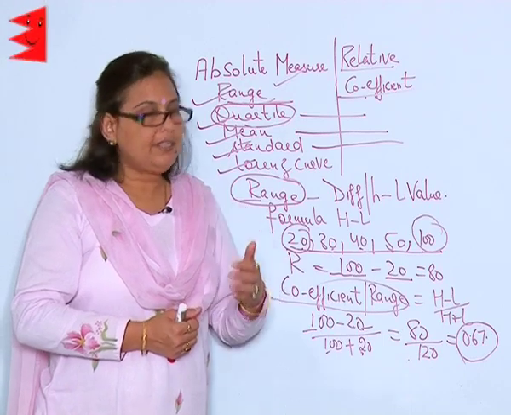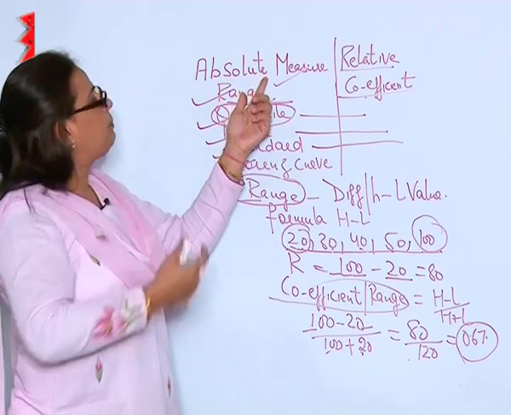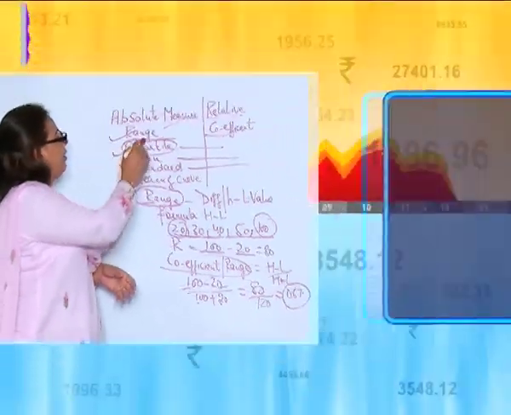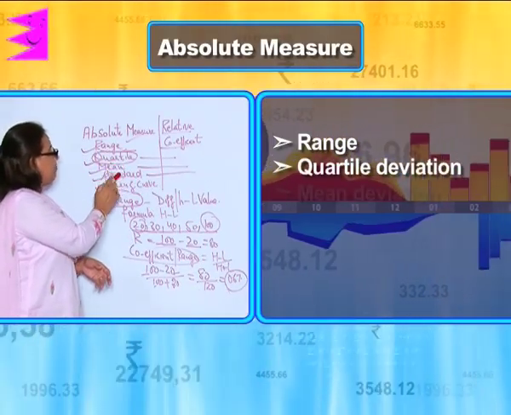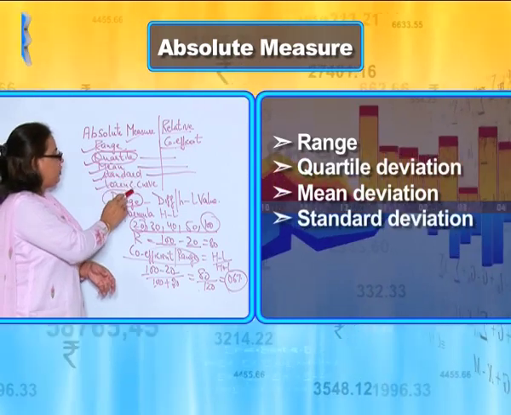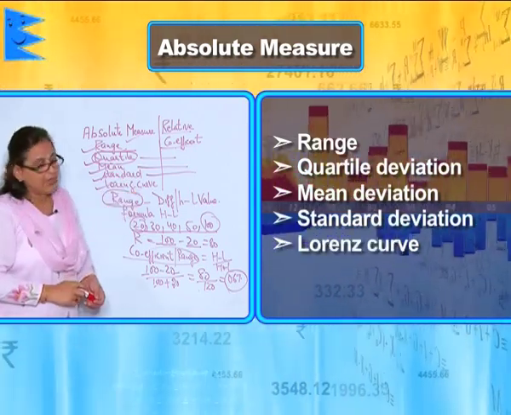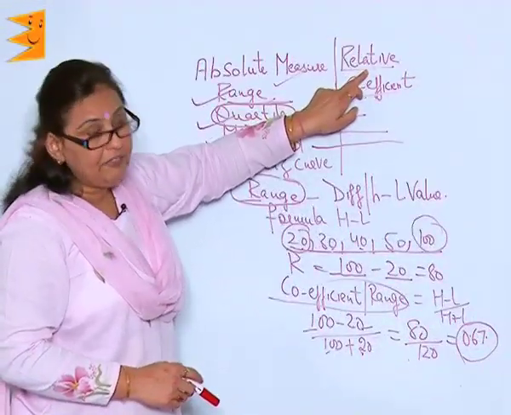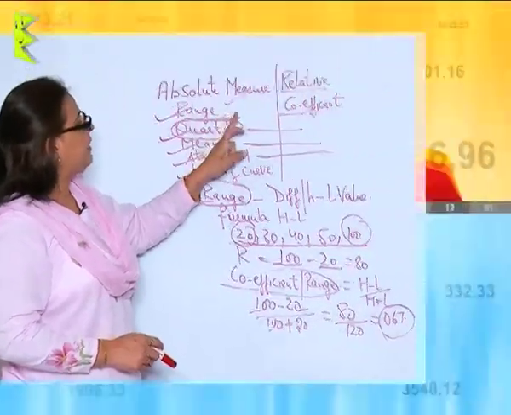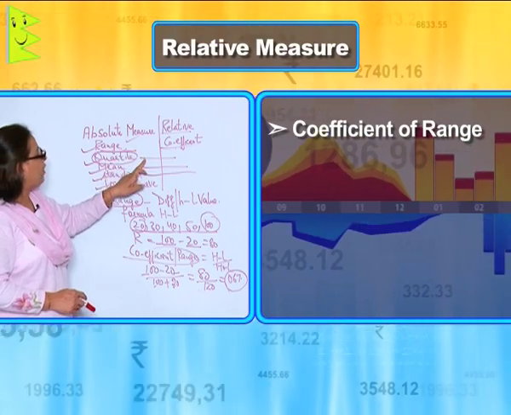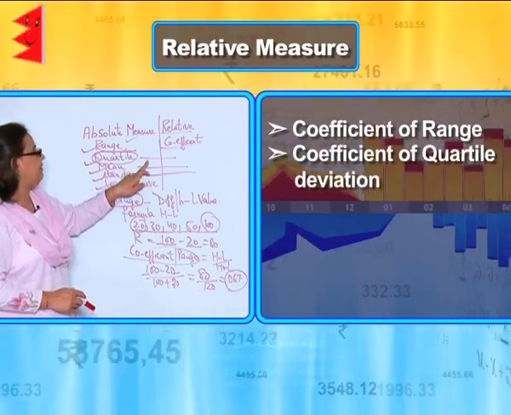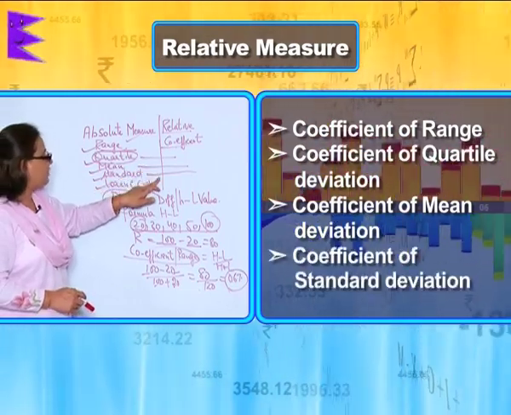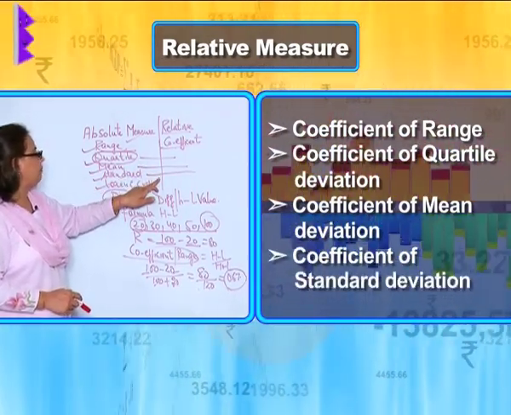As far as the methods of the absolute measure of dispersion are concerned, they are range, quartile deviation, mean deviation, standard deviation and the Lorenz curve. But when we talk of measuring it in relative terms, then it is coefficient of range, coefficient of quartile deviation, coefficient of mean deviation, coefficient of standard deviation.